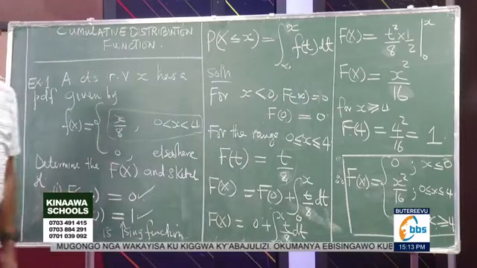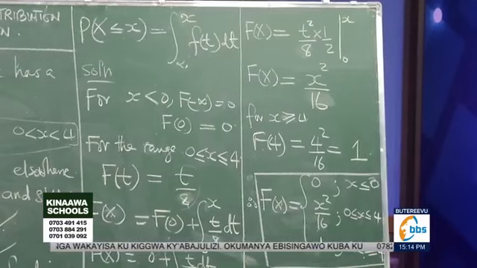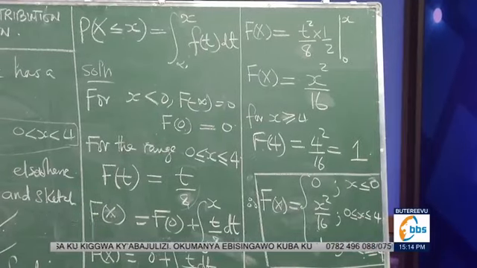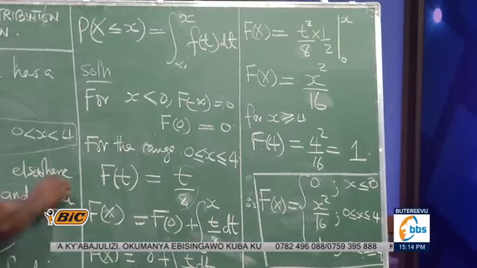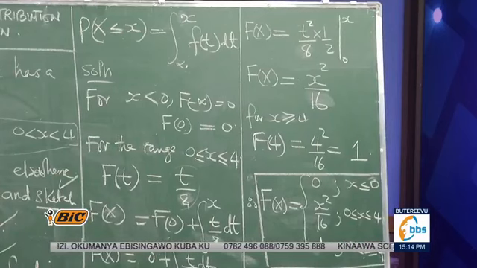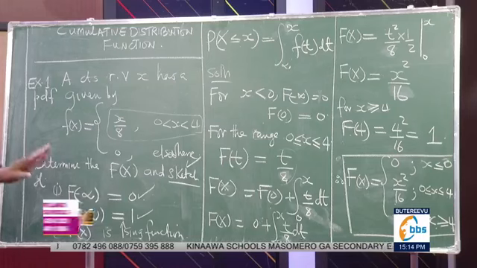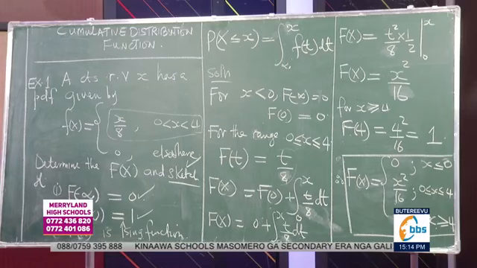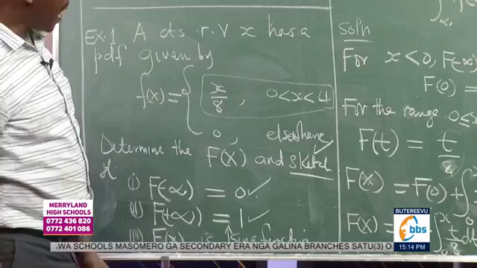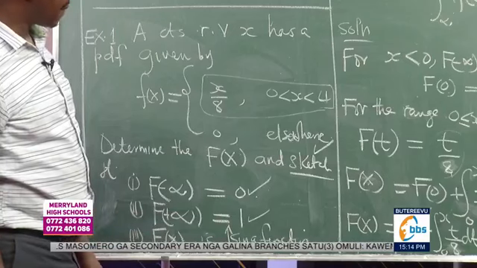We can capture this solution, my dear students, as we wait shortly after 2 minutes to look at the sketch. But as you capture the solution, I want to remind you that the sketching is not any different from the sketching of a PDF graph or curve.